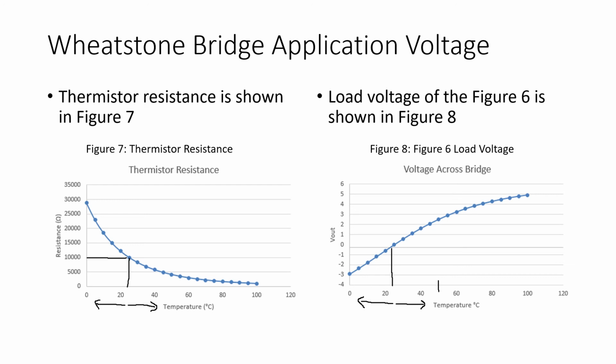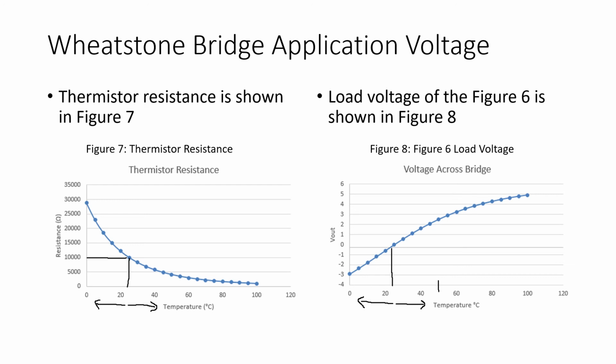This is one of the reasons we utilize the Wheatstone Bridge in an application like this, because we're able to obtain a fairly linear output voltage, or voltage across the bridge, even when we use a very nonlinear device such as the thermistor.